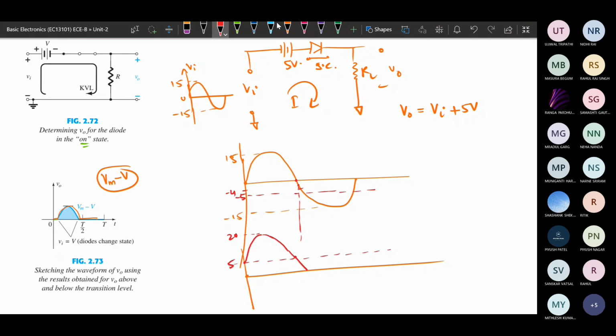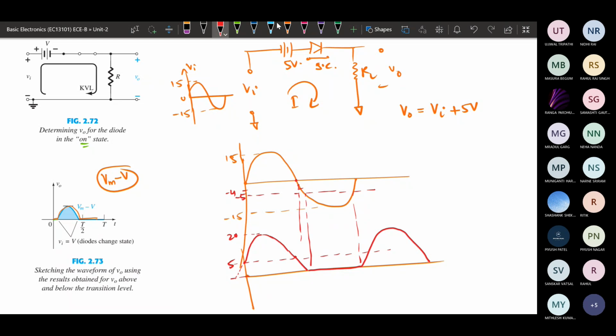Okay, so up to here, from here up to here we will be getting the 0, but after that again we will be having this. So if we extend this, it will be like having some positive value. Okay, if we extend this waveform below here, this is how the waveform will be appearing.